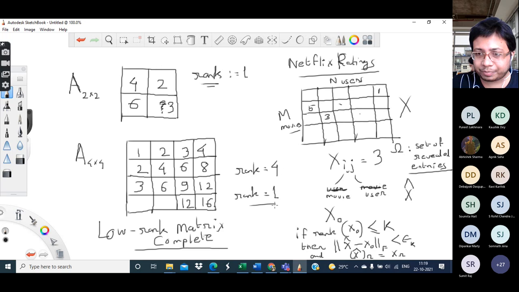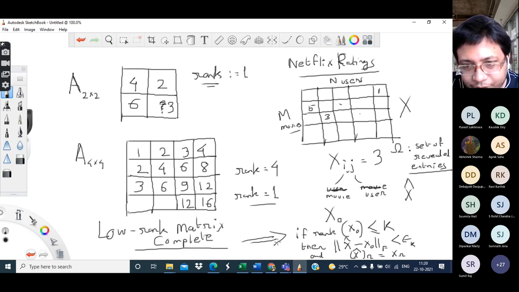So what are the theoreticians saying? The theoreticians are telling me that if the true matrix x naught, which has not been revealed to me, has rank below a particular value k, now I do not know what this k is, but for any k, if the true matrix has rank less than or equal to k, then I will be able to find x hat by some algorithm which will be quite close to the original or true matrix x naught.